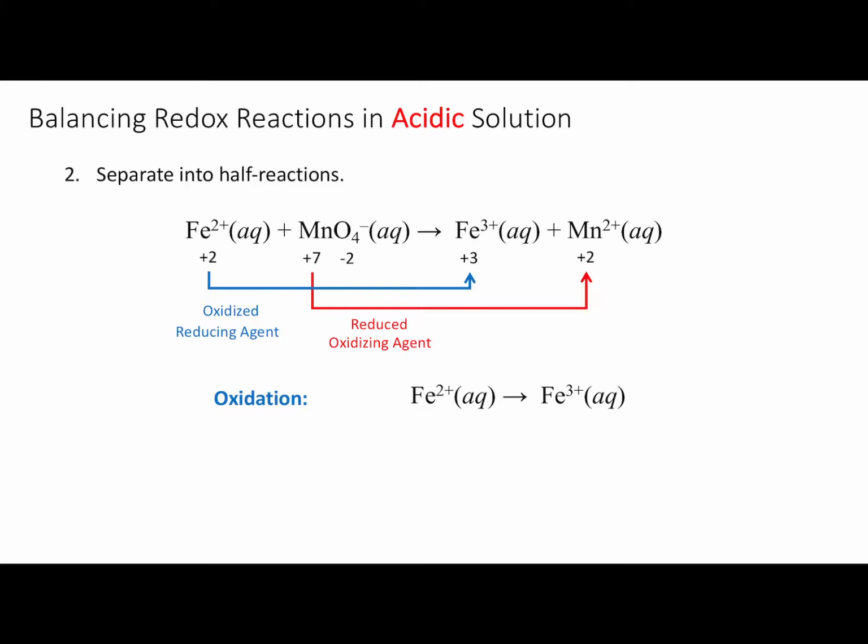The second half reaction will be the reduction half reaction, and in this case it is the permanganate ion, MnO4 1-, going to Mn2+, the manganese 2+ ion. Now that we have successfully separated our overall equation into 2 half reactions, one for oxidation and one for reduction, we can balance each of these independently and then add them back together to get the overall reaction.